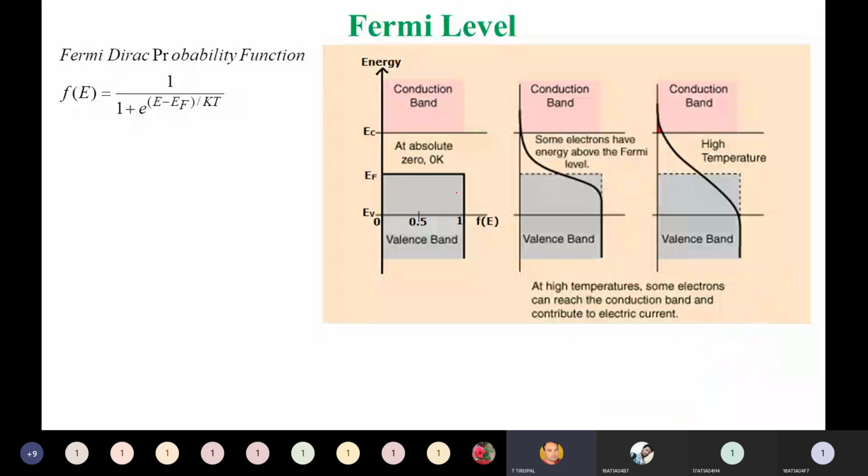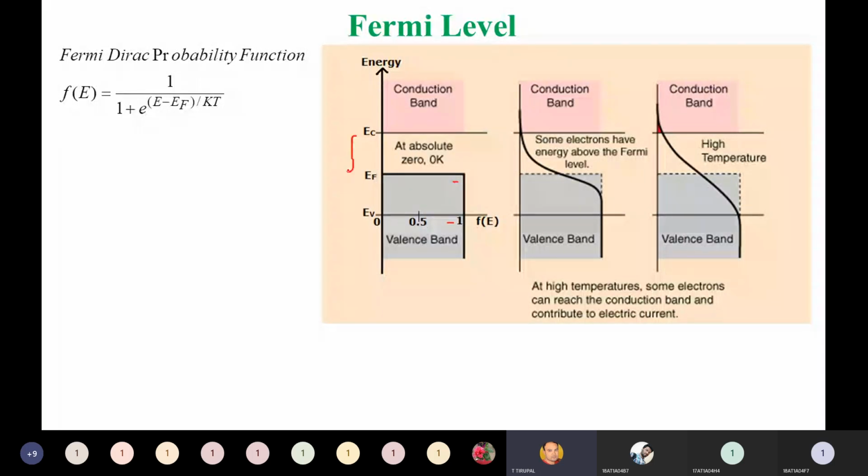As you know already, every electron is present in the valence band. If you give energy to an electron present in the valence band, it will jump from here and go to the conduction band. While it is jumping from valence band to conduction band, it reaches certain energy levels in between this gap.